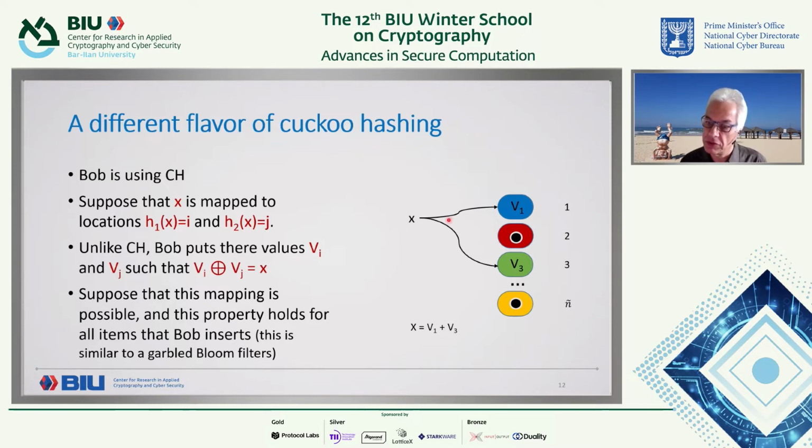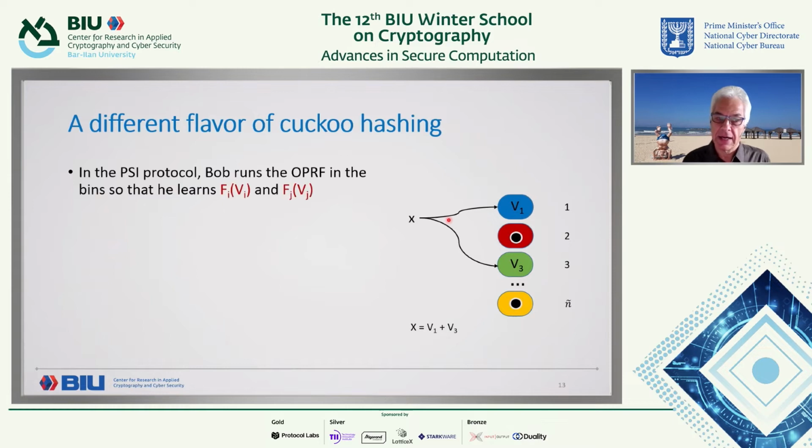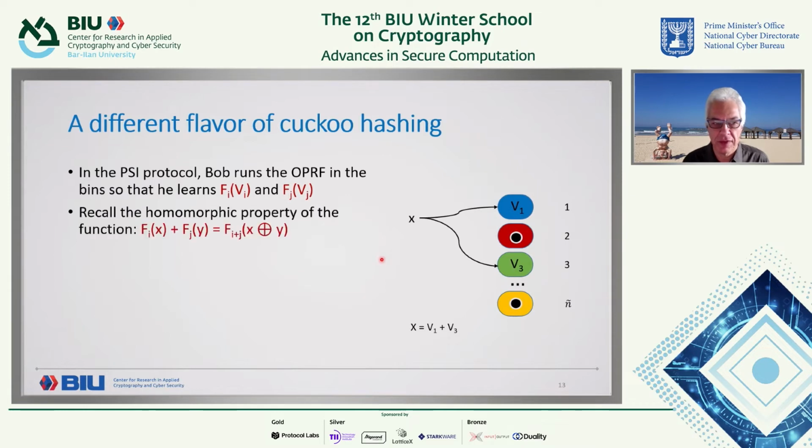So this is what we want to achieve. Suppose we achieve this. In the PSI protocol, Bob will run the OPRF, evaluating with Alice's key i on his input v_i here, and here we compute f_j of v_j.